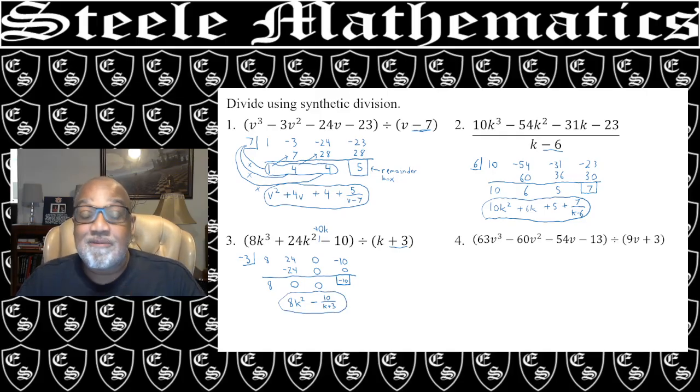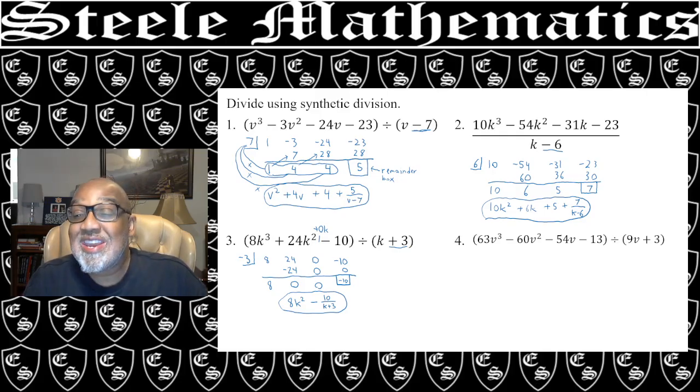All right, now let's look at number 4. We have 63v to the third minus 60v squared minus 54v minus 13, divided by 9v plus 3. Now remember, in your divisor, it must be a binomial where the leading coefficient is 1.